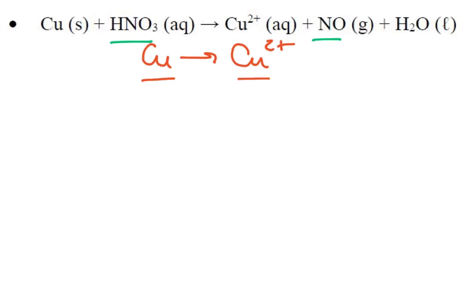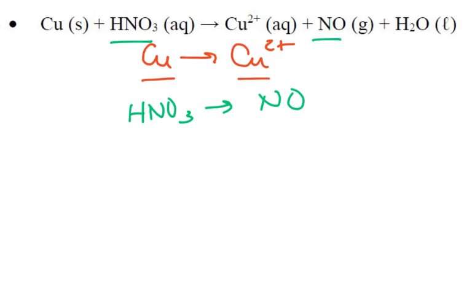Now, if it's not obvious what's going on, you really can go back and figure out everybody's oxidation number and see how they change, and whoever is changing, that's the one you want. So I'm going to say HNO3, and I'm going to say that changes into NO. We're not worried about the water at all because that's going to come out in a few minutes.